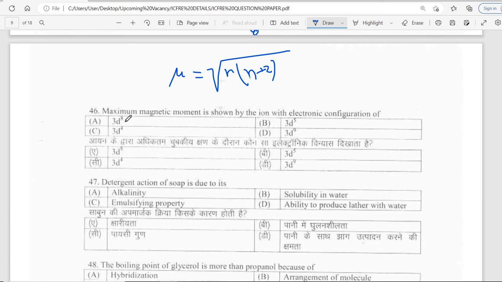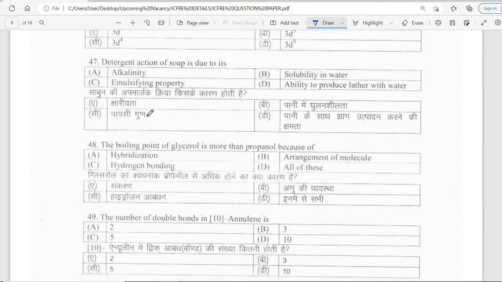For 3d8, the number of unpaired electrons is 3, for 3d5 it is 5, for 3d4 it is 4, and for 3d9 it is 1. So 5 is the highest number of unpaired electrons, and as n increases, mu also increases. So the maximum magnetic moment is for the electronic configuration 3d5.